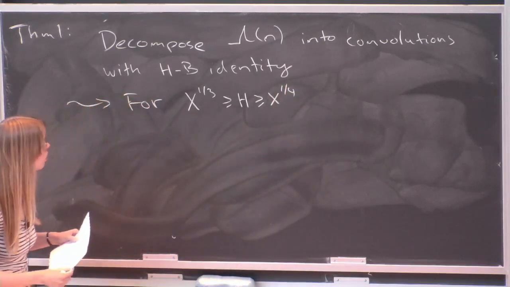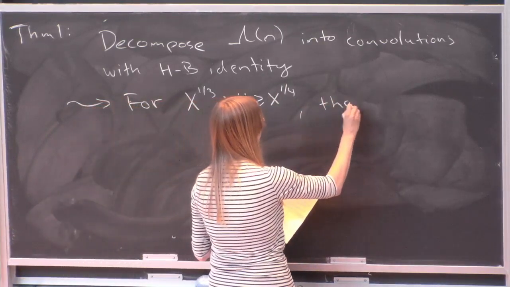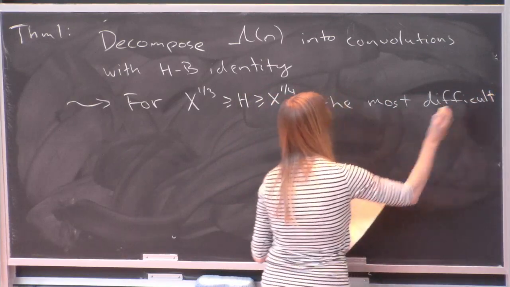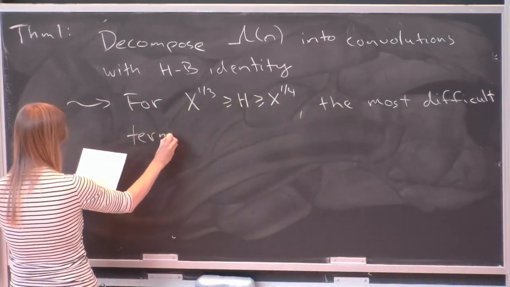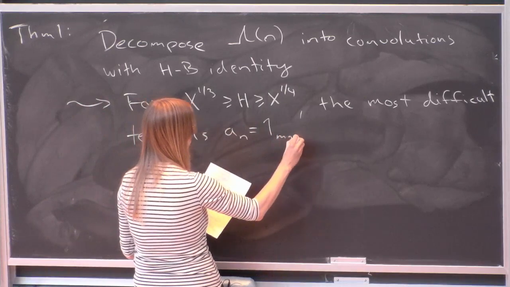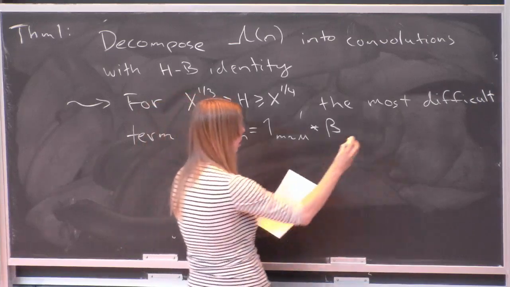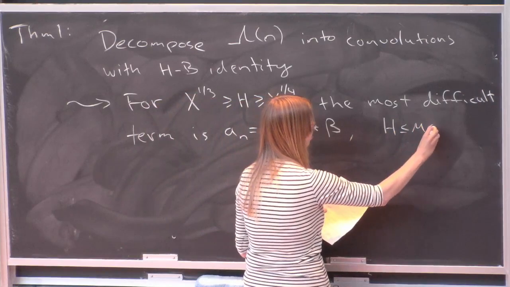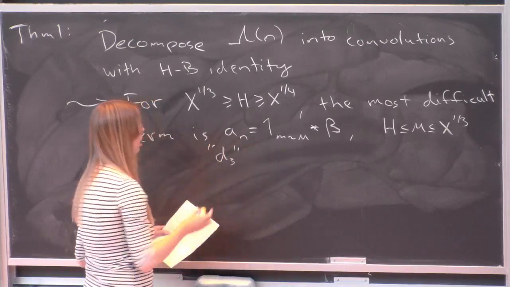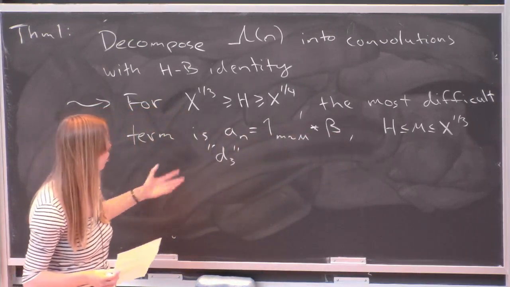And doing this, if we look at h between x to 1/3 and 1/4, then the most difficult term is a convolution like this, where this m is between h and x to 1/3, and we call this a D3 type term, because this beta could be a twofold divisor function, and then this is part of the D3.